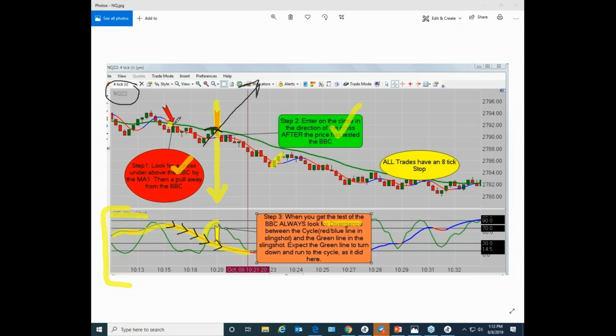Because I just mentioned when everything is the same color, bearish cross, red candle, and now we have a red cycle, everything is the same color, okay? This is saying the momentum is bearish, okay? The green line pulling away like it is here, along with the price action, which is normal, by the way, right?